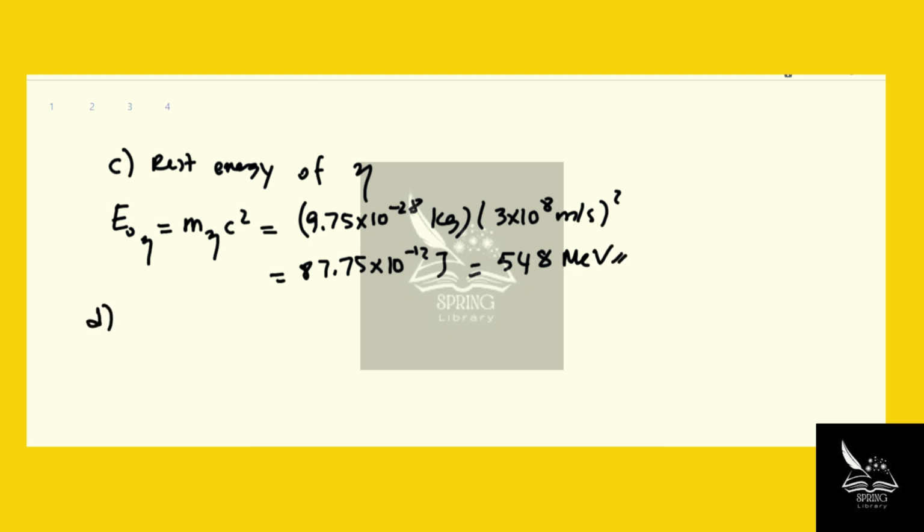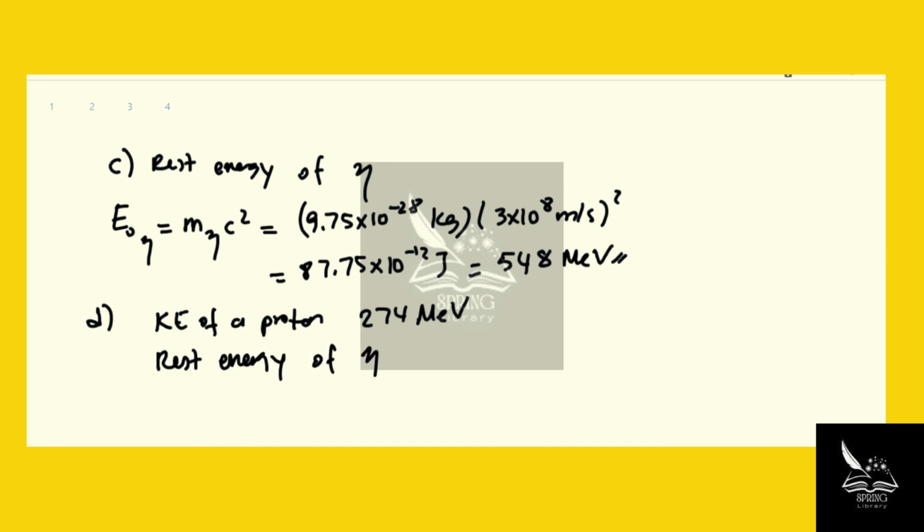Now, in part D, we're asked to discuss the relationship between our answers to B and C. Remember what we found in B. We found the kinetic energy of a proton to be 274 mega electron volts. And now from part C, we know that the rest energy of the new particle is actually twice of it.